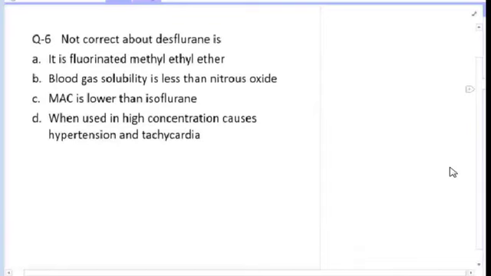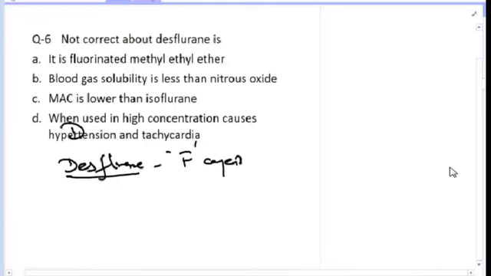Now question number 6. Not correct about desflurane. Now all of you know that desflurane is a fluorinated agent and it is an ether.